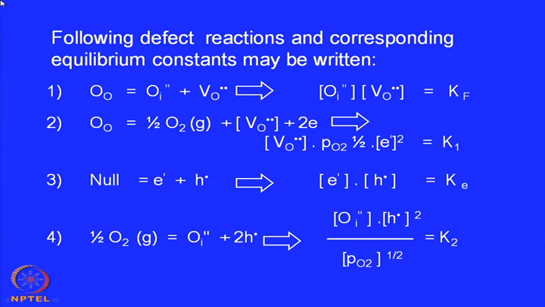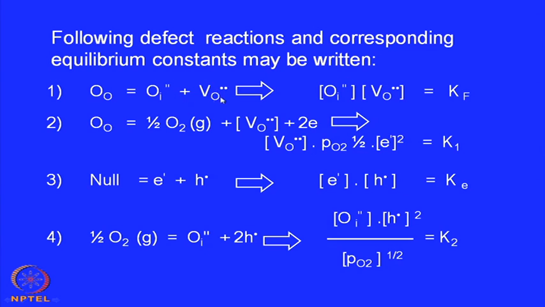Well, we have some interest why we are doing that, that will be clear in a minute. We can write the following 4 defect reactions and corresponding equilibrium constants. There are different equilibrium situations, because we have talked about oxygen vacancy and oxygen interstitials, and if both of them are charged, oxygen interstitial will be effectively negatively charged, because you have 2 negative ions, oxygen ion, and deficiency of that will be 2 positive charges.